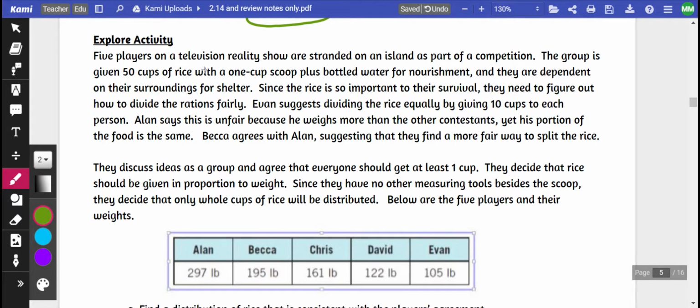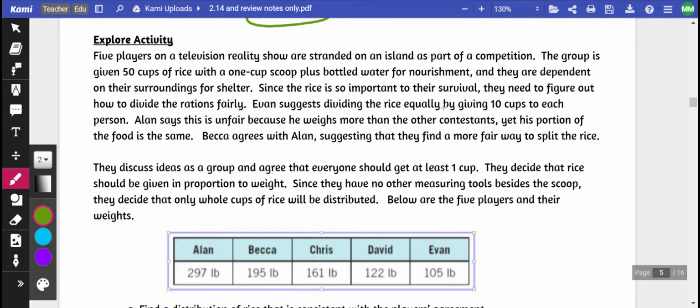It says 5 players on a television reality show are stranded on an island as part of the competition. The group is given 50 cups of rice with a 1-cup scoop plus bottled water for nourishment, and they are dependent on their surroundings for shelter. Since the rice is so important to their survival, they need to figure out how to divide the rations fairly.